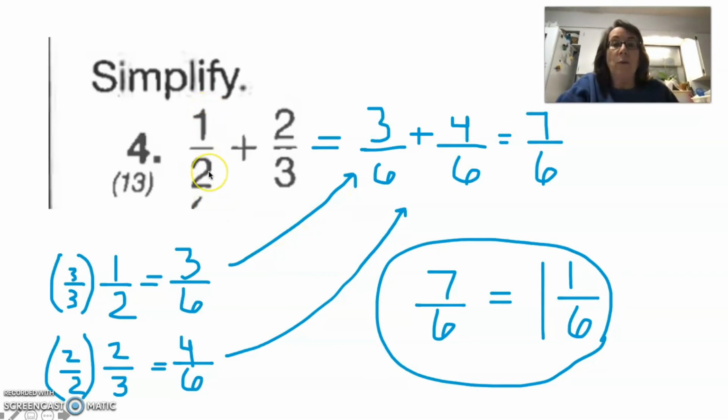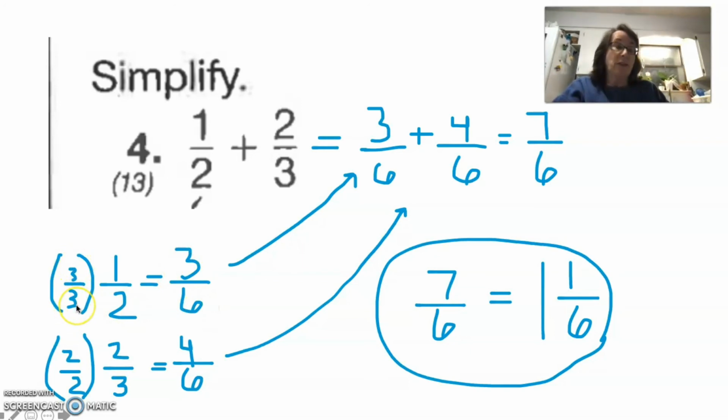Okay, so here we have 1/2. This is number 4. We're almost done. 1/2 plus 2/3 is going to need a common denominator of 6. And so here's our 1/2. We're trying to turn it into something over 6.